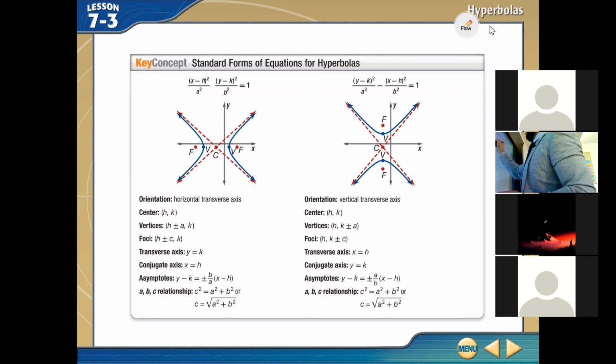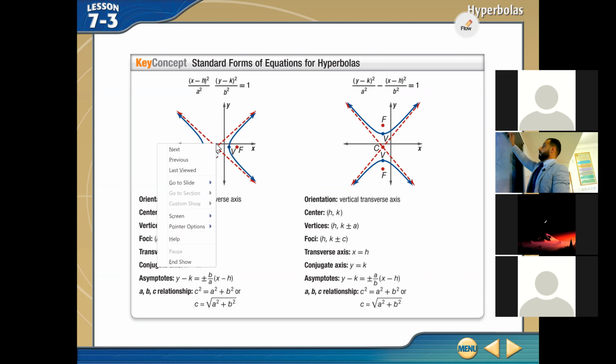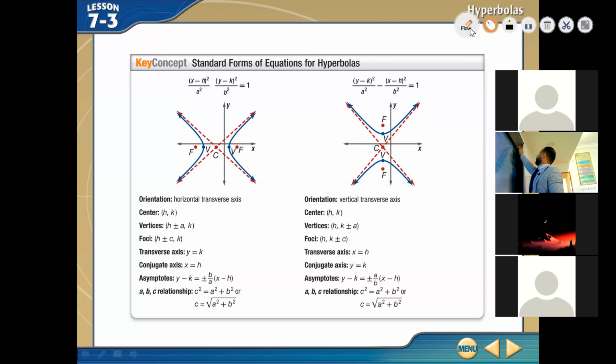So I stand on x at -1 and make a vertical line. So x equals -1, for example, h is -1.